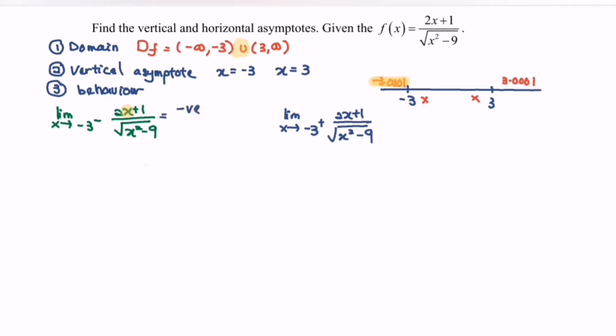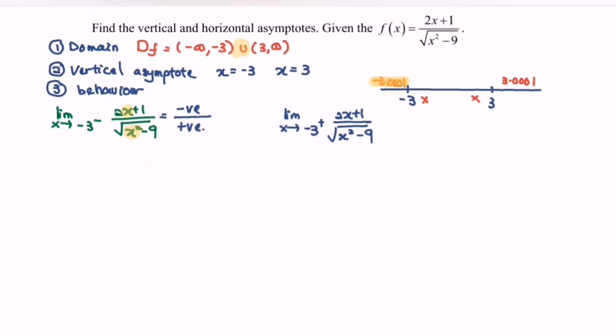For the denominator, negative 3.0001 squared gives a value more than 9, and more than 9 minus 9 gives a positive value.